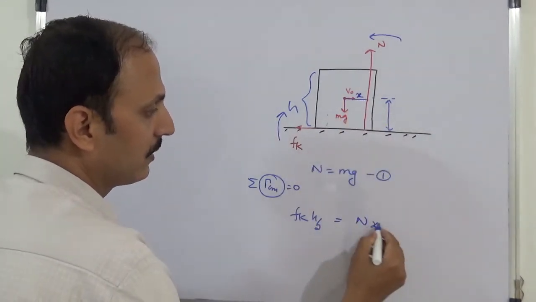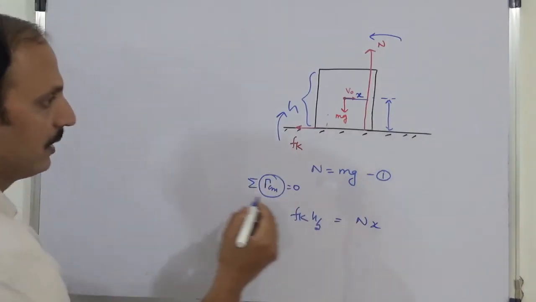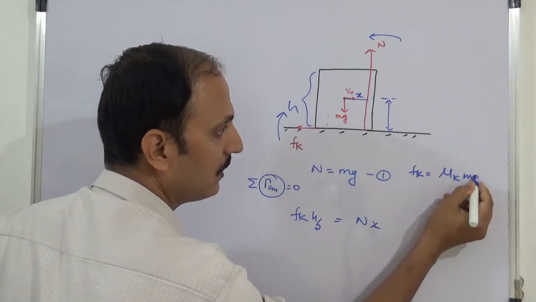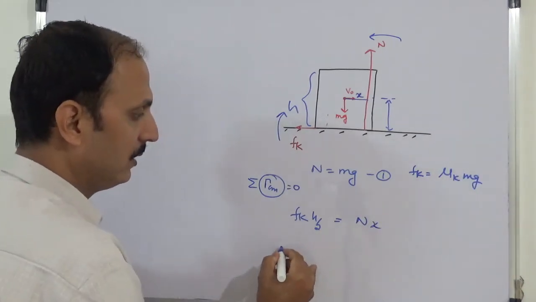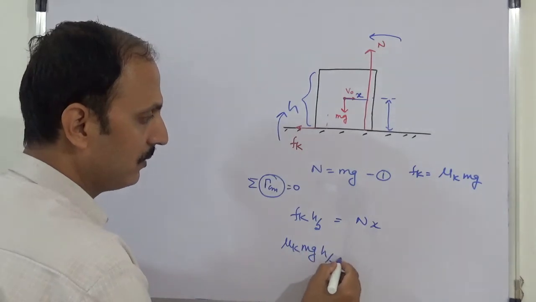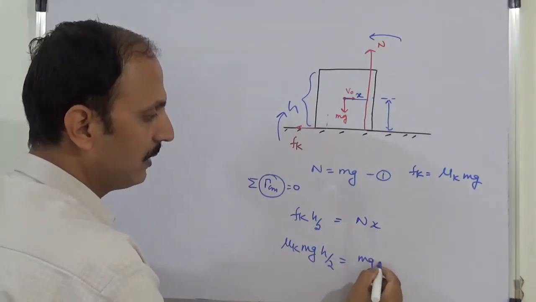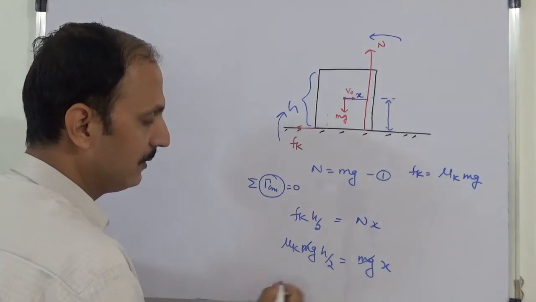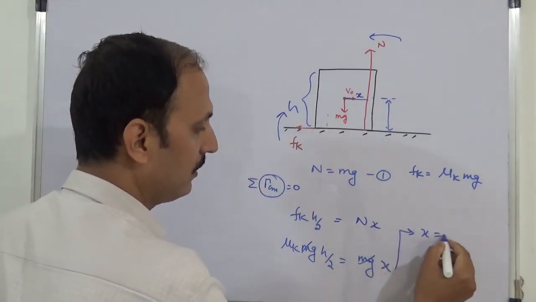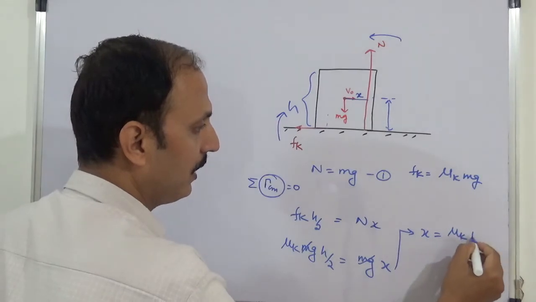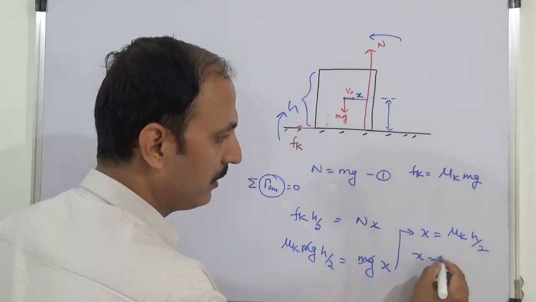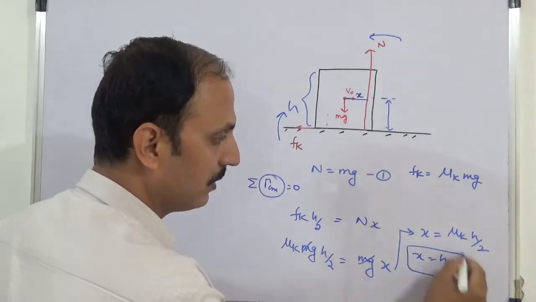Fk is mu k times mg. Put the value here: mu k mg h by 2 equals n x, n is mg, mg cancel. So from here x is mu k h by 2, and mu k is given 0.5. So x is h by 4.